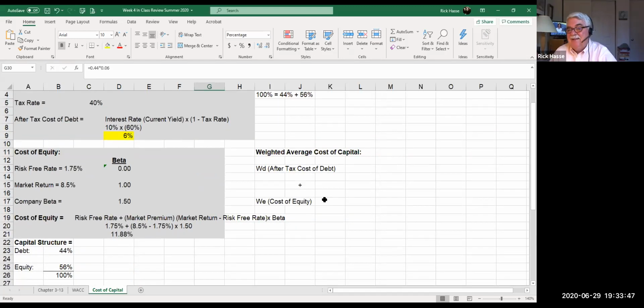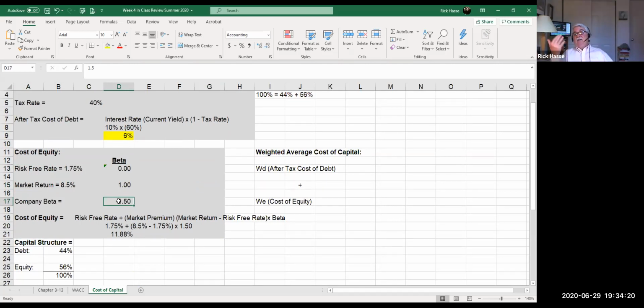Now we're going to have to calculate this, just like you did in quiz number 1. The risk-free rate of this company with a beta of 0 is 1.75%. Not exactly the real world now. The market return of this market, of the economy that this company is in, with a beta average of 1, is 8.5%. The company's beta, their actual risk in the market, is 1.50.